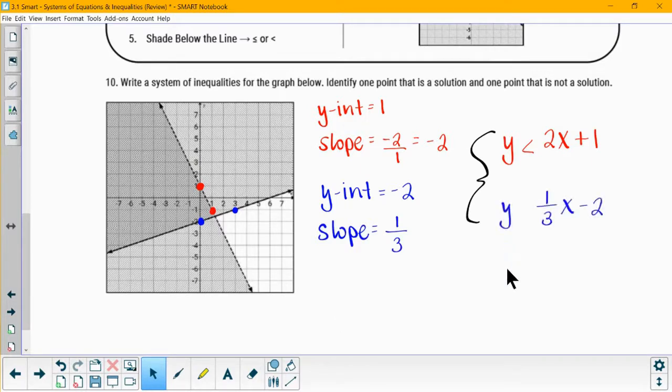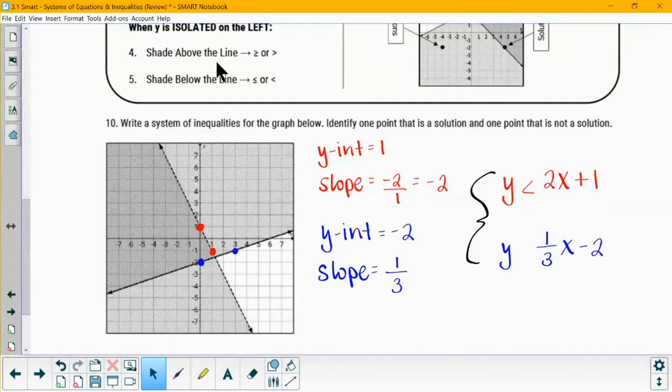I always write out my inequality as an equation first with my y isolated on the left. And I notice that everything above the line is shaded in. So if I'm shading above the line and it's solid, it's going to be greater than or equal to. And here is my system for this graph.